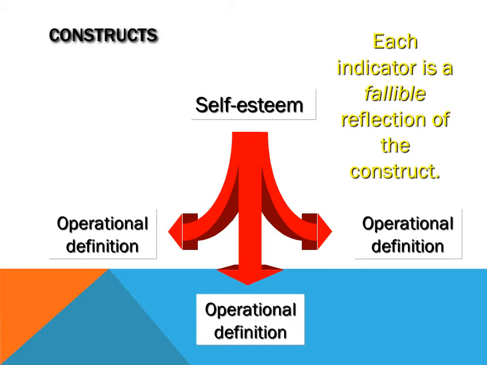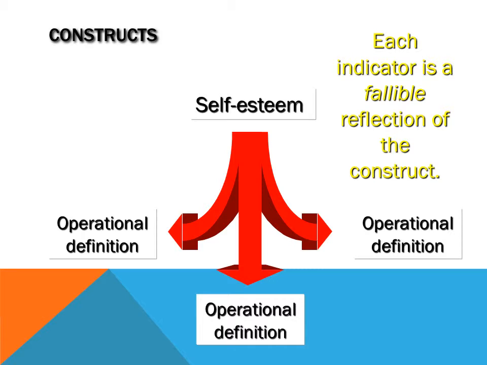Now, the SATs are one operational definition, one way of measuring intelligence. But it's not the only way, because what the SATs don't measure is your ability to, for instance, speak well or draw well or write well to the same extent. And therefore, you may have another operational definition of intelligence based on people's artistic performance, for instance.